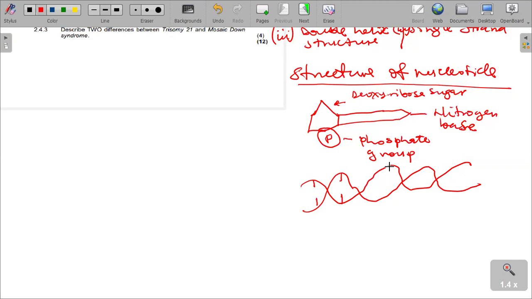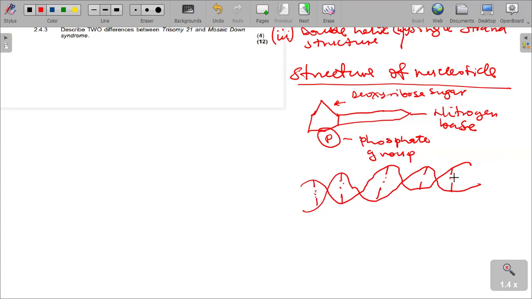These are called the nitrogen bases, which are joined together by weak hydrogen bonds that are in between the nitrogen bases.